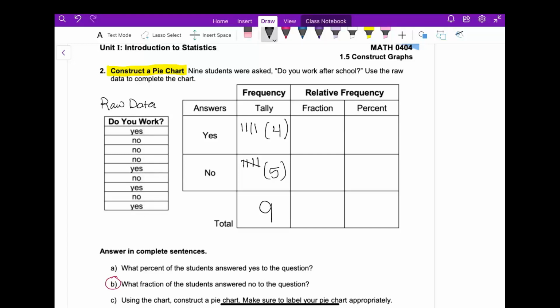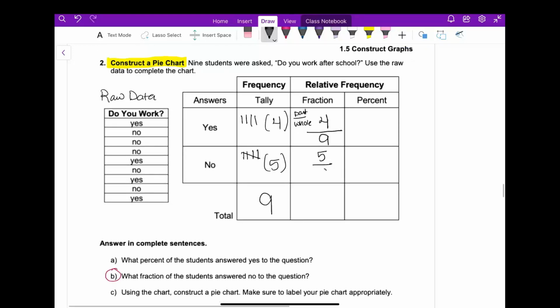Let's move on to our fractions. So remember that a fraction is a part over a whole. Our whole is 9. And the part, the people who said yes, was 4 out of 9. The people who said no, 5 out of 9.